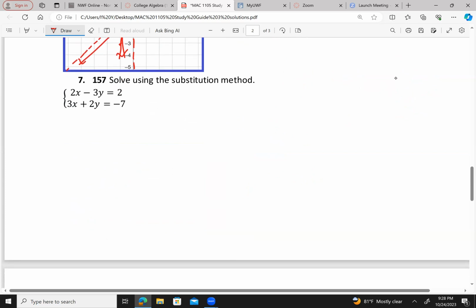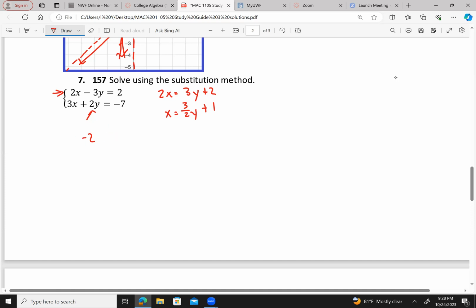Okay, next, solve using the substitution method. And again, this is a case of me pulling numbers out of my rear end, and it doesn't come out pretty. So let's go ahead and solve for x in the first equation. So I have 2x equals 3y plus 2. X equals 3 halves y plus 1. Now we can plug that in here. And I have 3x plus 2 times 3 halves y.